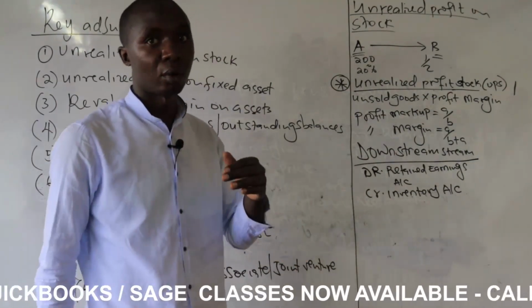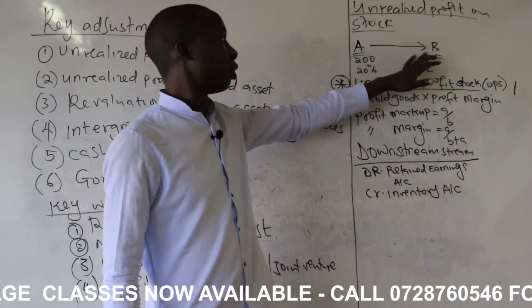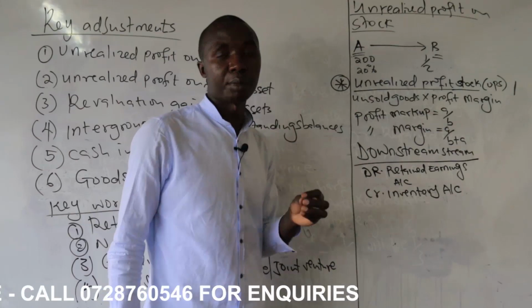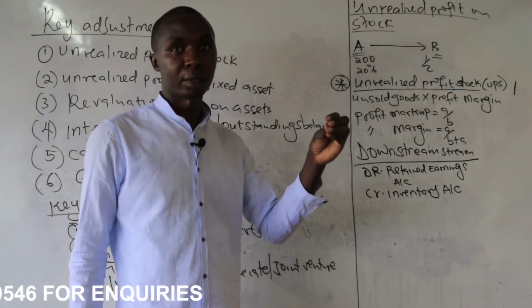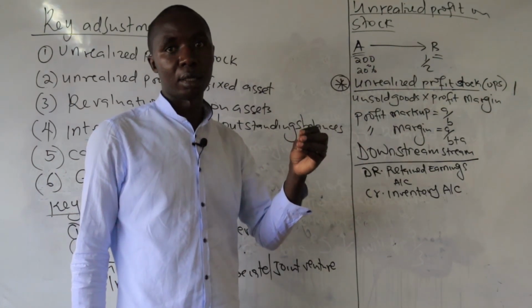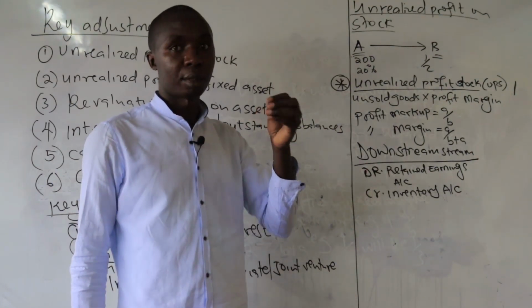Now what if it was the subsidiary which was selling to the parent? In the scenario where the subsidiary is the one selling to the parent, then the parent never resold all the goods it received from this subsidiary.